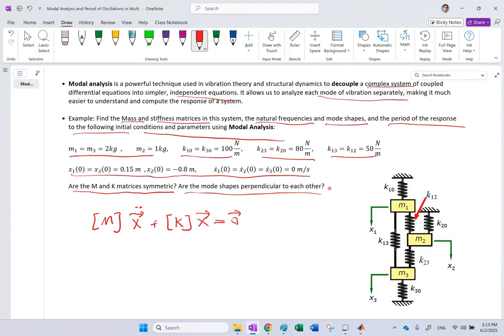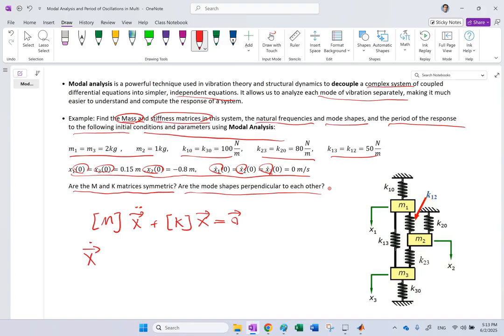Remember, the M is what we call the mass matrix and the K is what we call the stiffness matrix. And the solution here is if x at time 0 is given to us, and x dot at time 0 is given to us, you want to find x as a function of time, correct?